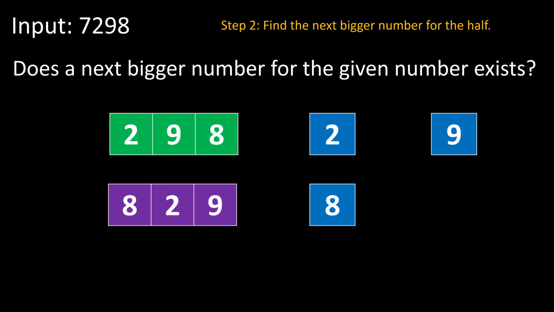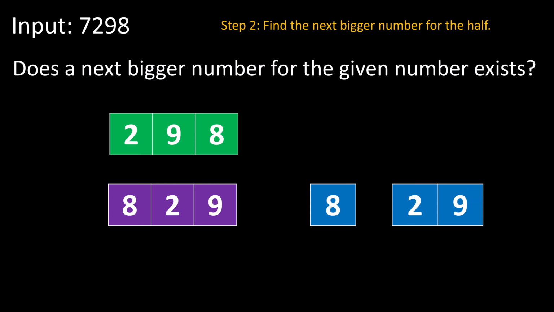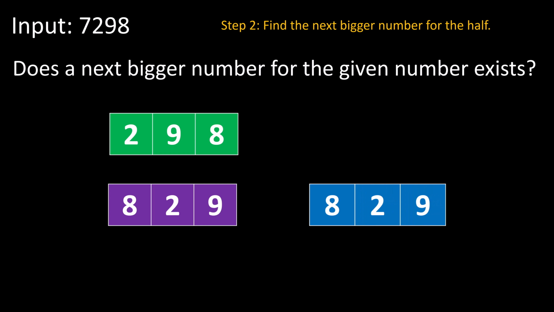Now, once we have this number 8, the rest of the digits need to make the smallest possible number. And we have seen that the smallest possible number is nothing but all digits arranged in an increasing sequence from the start. This means it will be 2, 9. Once we merge these two values, it becomes 829, which is nothing but the next bigger number for 298.